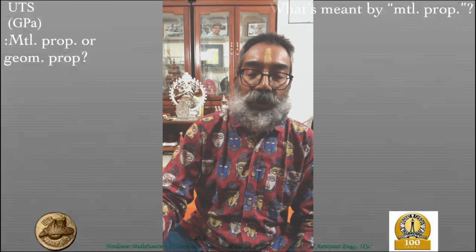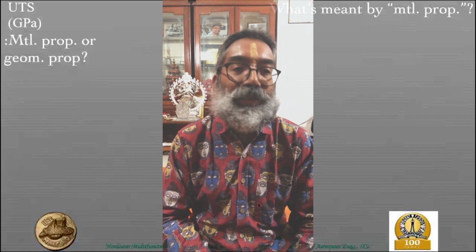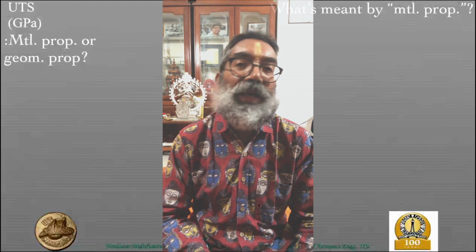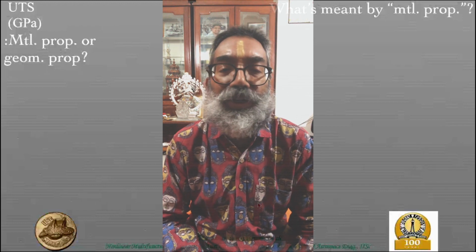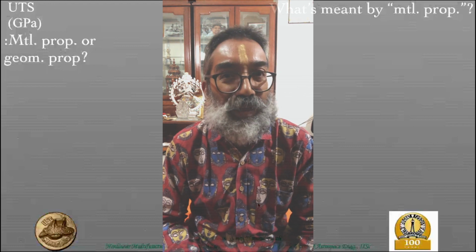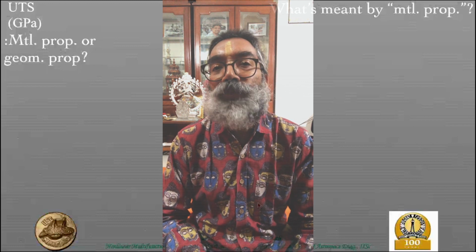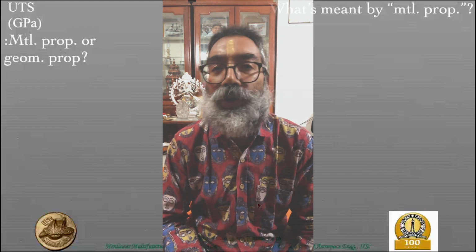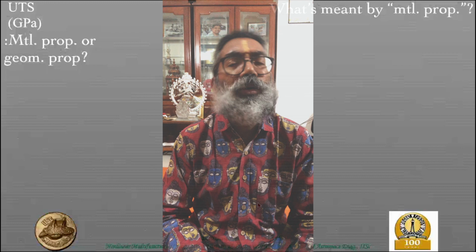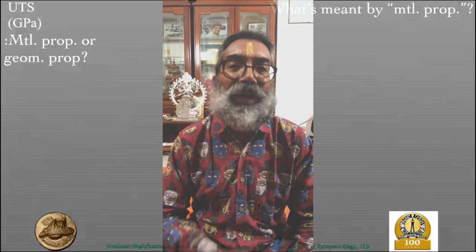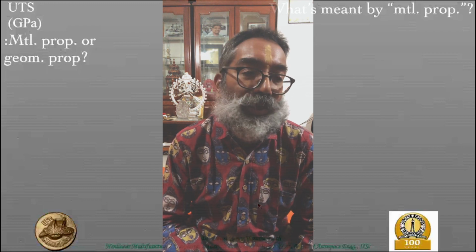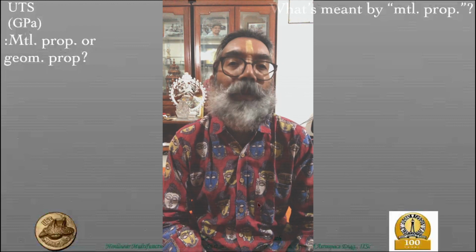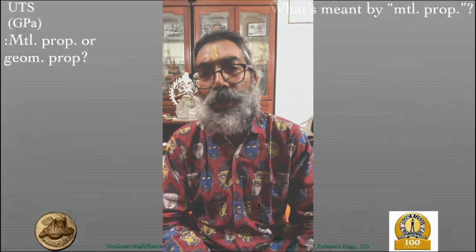So if we take an example of the ultimate tensile strength, let's take a few examples: Young's modulus, density of the material, etc. Let's say we zero in on one particular quantity. It could be the Young's modulus also, but for an example's sake, I'm taking the ultimate tensile strength. So is this ultimate tensile strength, usually expressed in gigapascals, a material property or a geometric property?